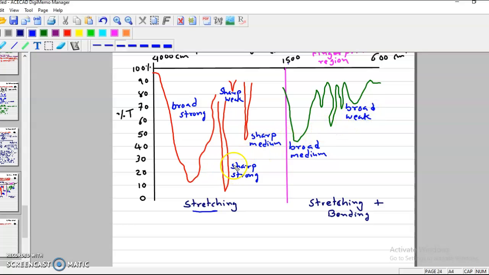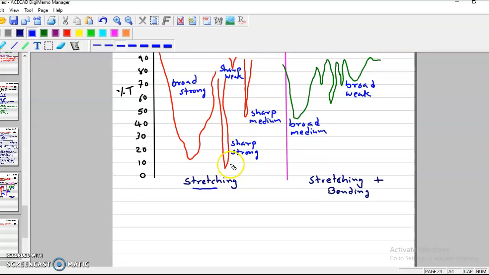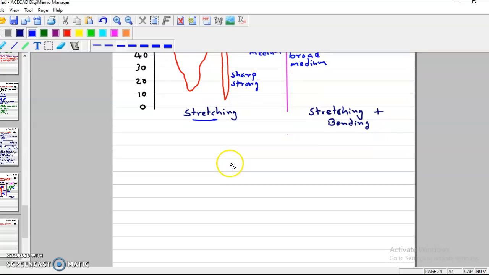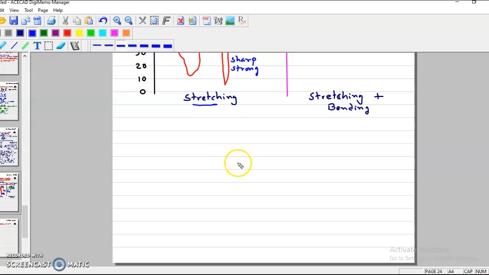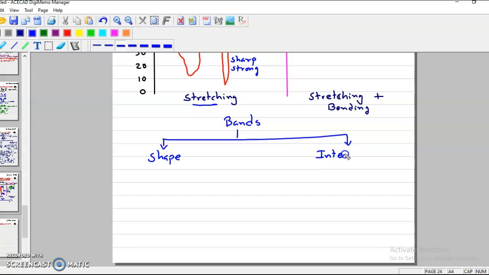Okay, so this way we identify bands either broad or sharp and strong, medium and weak. So bands or peaks are classified on the basis of shape and intensity, that is the height of peak.